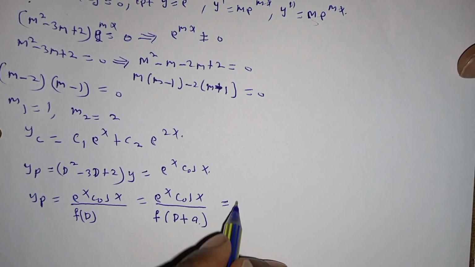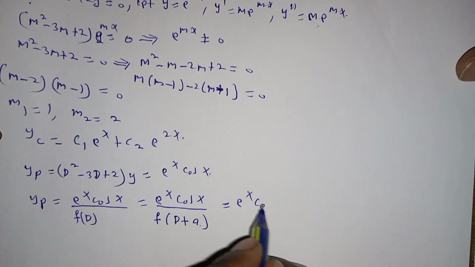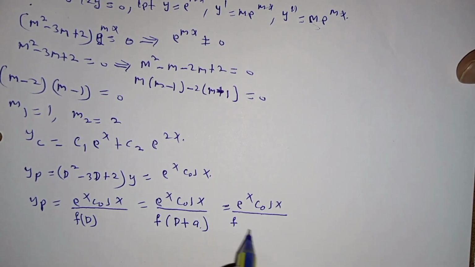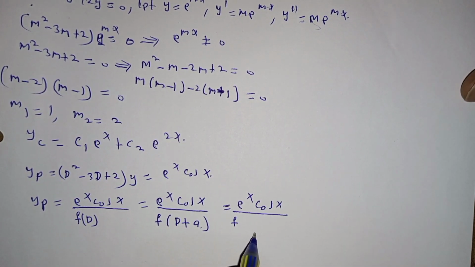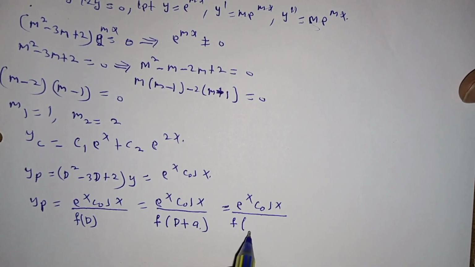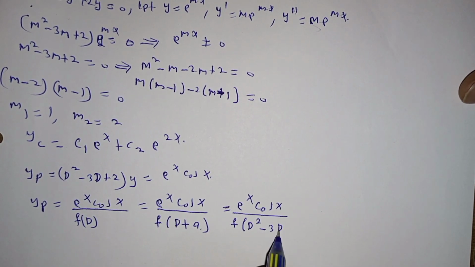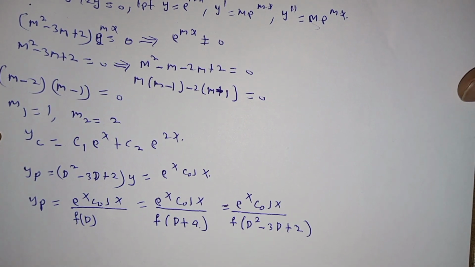Which is equal to e^x cos x times 1 over f, where f is d squared minus 3d plus 2.